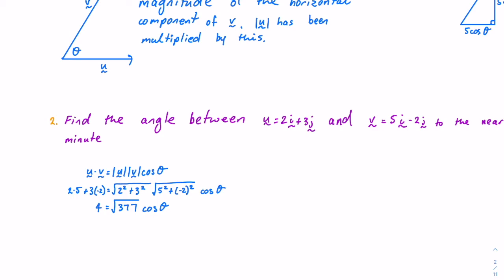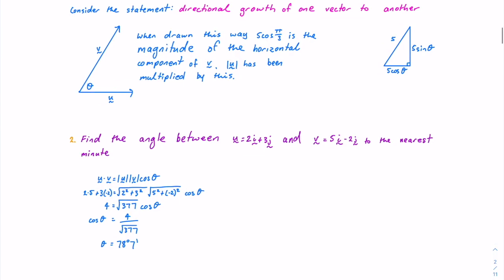So I actually multiplied this by that and left the square root in there. Divide by the square root of 377 to get cos theta. And switch it round, and then of course cos inverse. So theta is cos inverse of that, which is 78 degrees and 7 minutes.